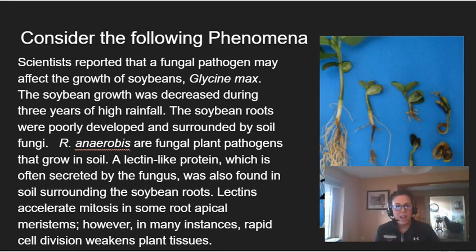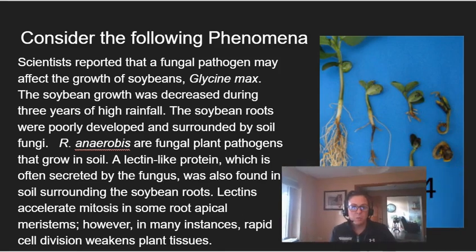And that fungal pathogen grew in that soil by these roots, and it made this lectin protein that was secreted by the fungus. So what they noticed was that lectin accelerated mitosis. It increased the cell cycle in roots of those soybeans.